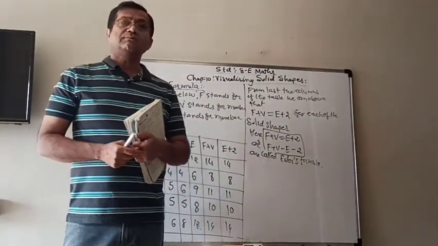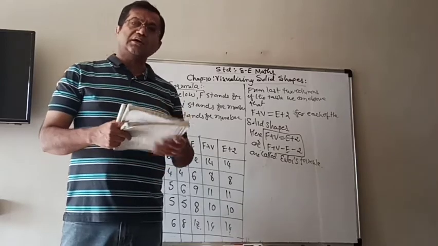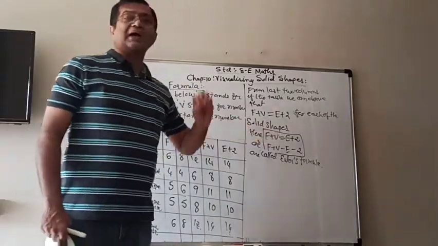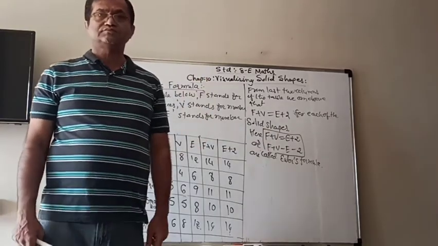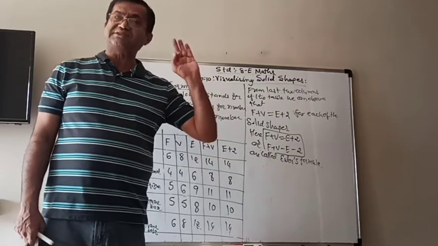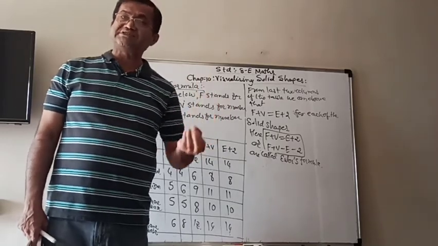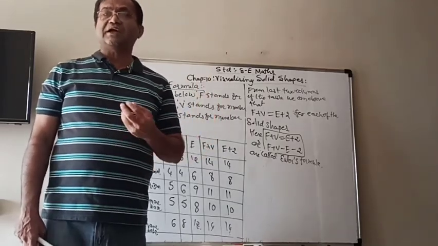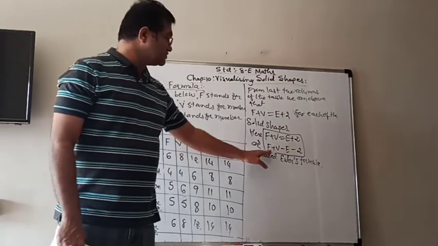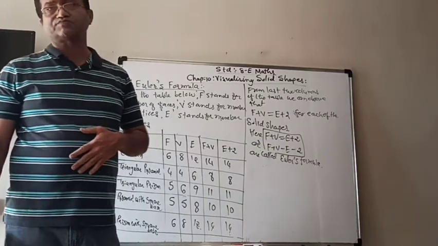Now, in the question, if any two of the F, V and E are given, any two from the number of faces, number of vertices and number of edges, then we can find the remaining value by using this Euler's formula.